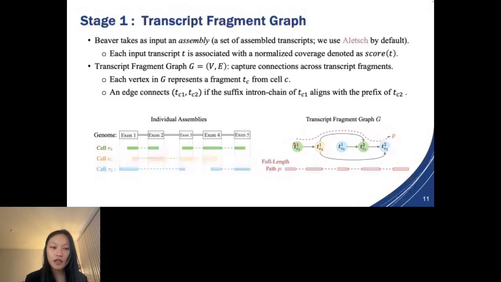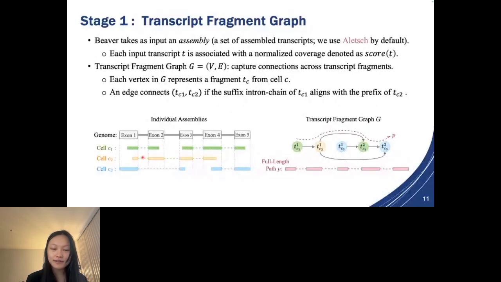In this graph, each vertex represents a transcript fragment observed in a particular cell, like TC1 here, which means fragment 1 in cell 1. A directed edge connects two fragments, like here, from TC1 in cell 1 to TC2 in cell 2, if the suffix of the intron chain of TC1 perfectly matches the prefix of the intron chain of TC2.